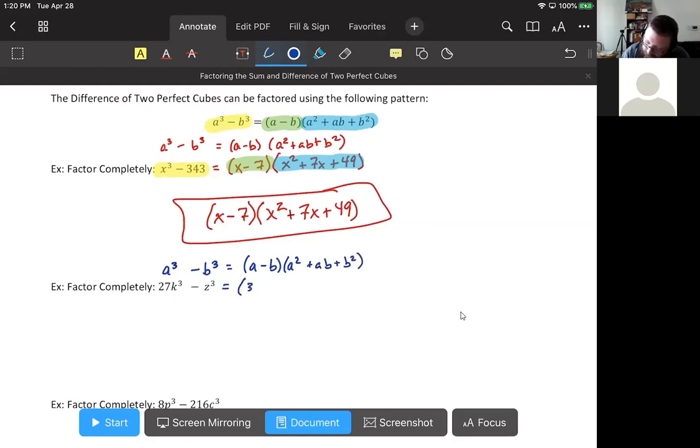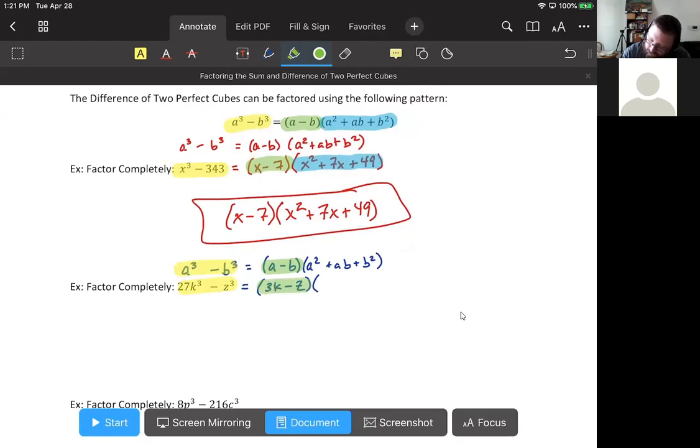So that would be 3k minus z, and then a squared would be 3k times 3k, which would be 9k squared, plus 3k times z, which would be 3kz, plus z squared.